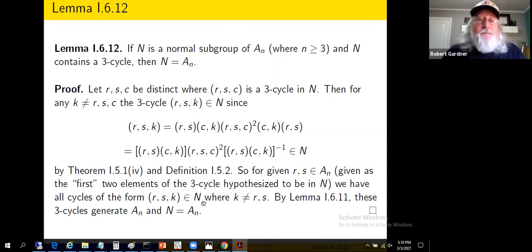Big punchline: if n contains any 3-cycle and n is a normal subgroup of A sub n, then n equals A sub n. Again, the normality was used right here. It's kind of subtle, but that's where the normality was used. If a normal subgroup contains any 3-cycle, then it must equal A sub n.